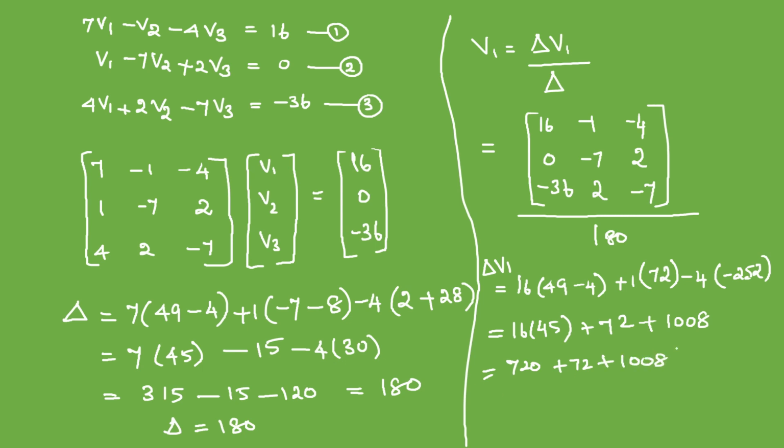So we get this as 1800. So this V1 is equal to del V1 divided by del. So it is 1800 divided by 180. So that is equal to 10. So V1 is equal to 10 ohms. So this is one answer we get.